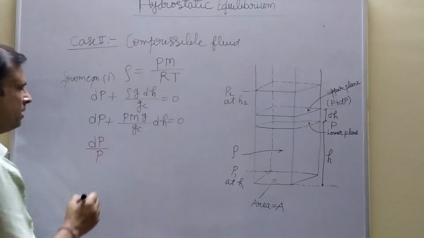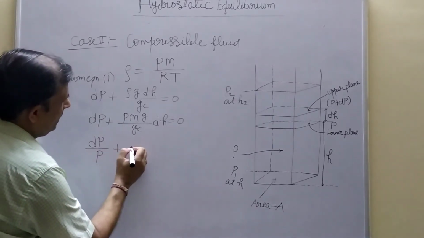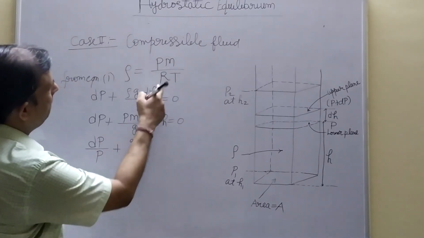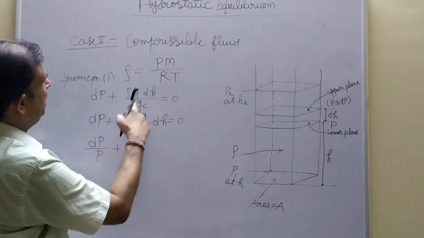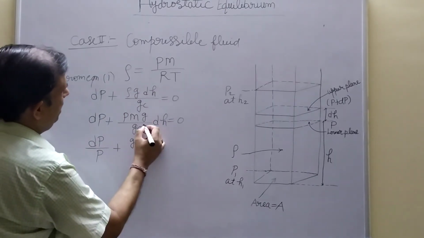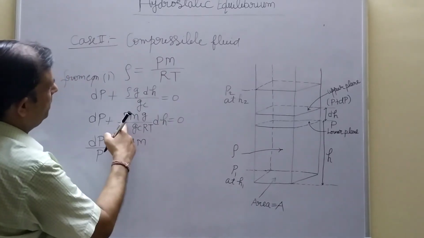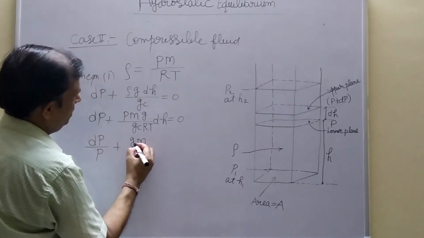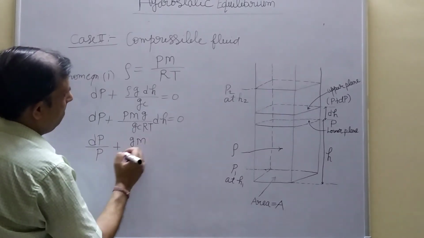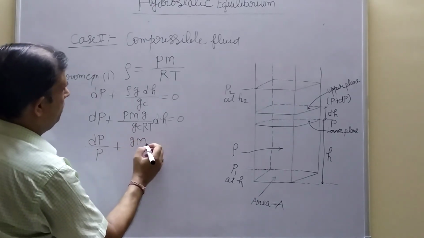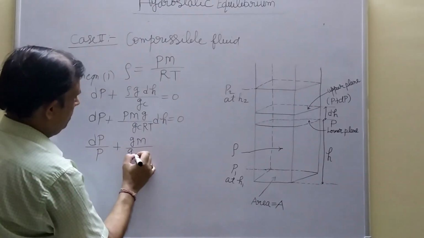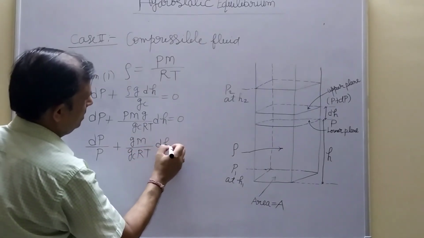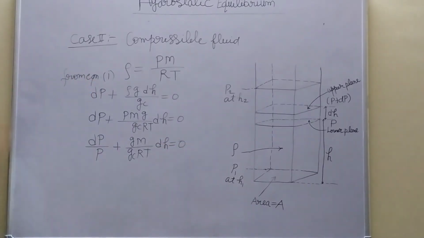So we will get dP by P plus M g by gc R T dh equals 0.